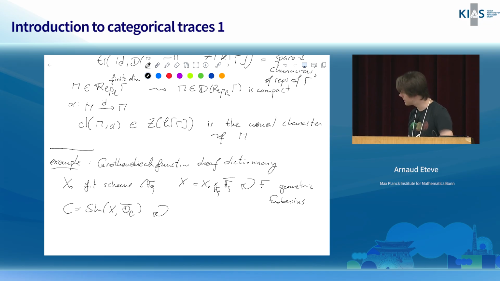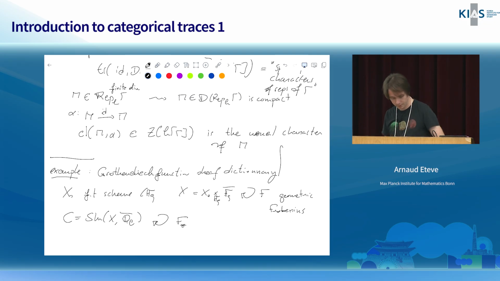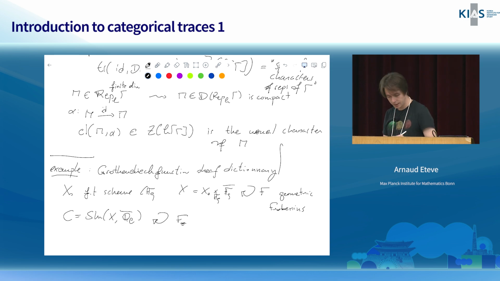And I will view this as a category with an action of f lower star. And maybe I should say that this presentation of the dictionary is due to Gaitsgory and Varshavsky, at least if I get to the construction.